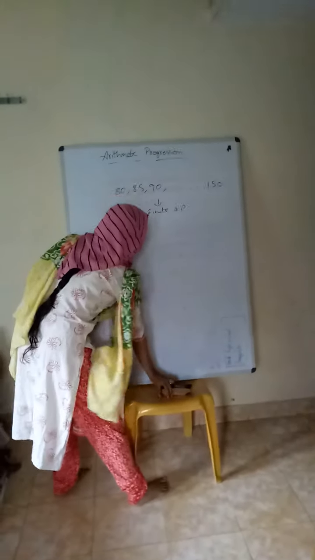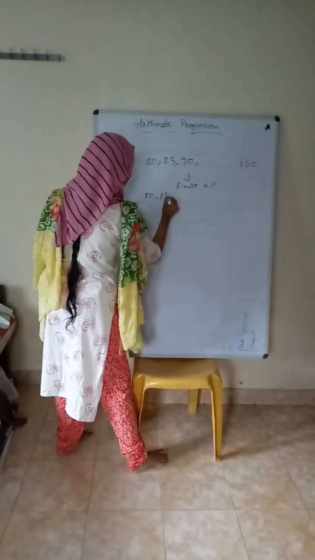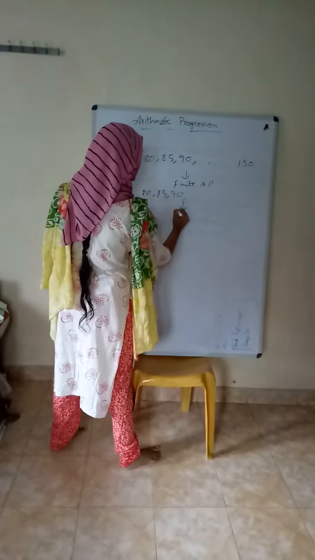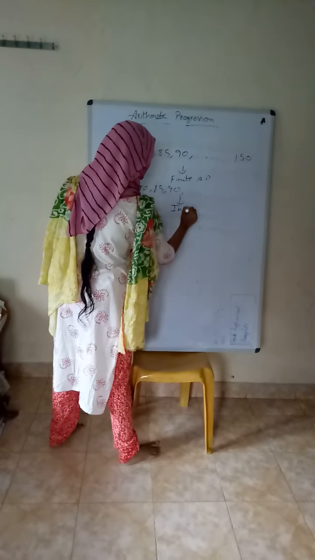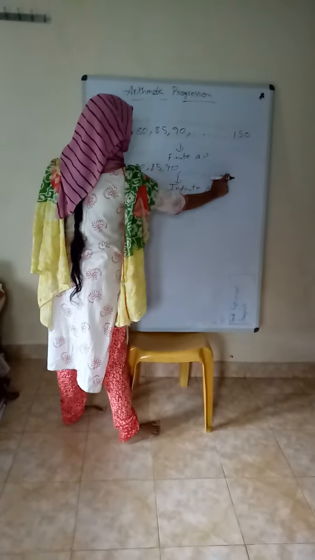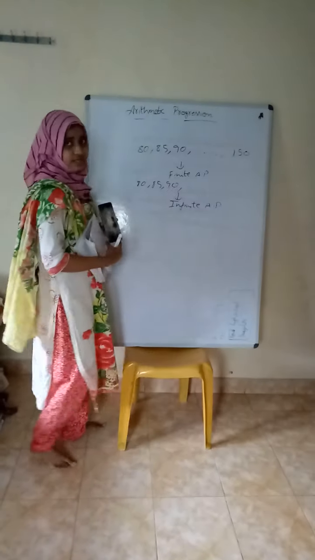If there is no last term, like 80, 85, 90, and they have given etc., then that is called an infinite AP. Understood? If you have the last term, it is a finite AP. If they have not given the last term and have given etc., then it is called an infinite AP.